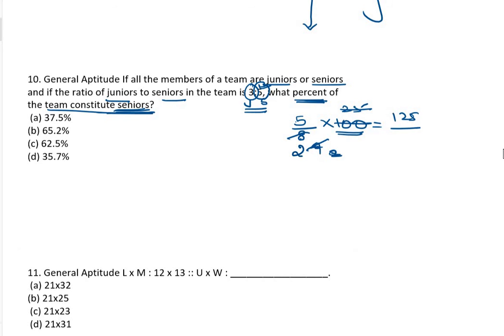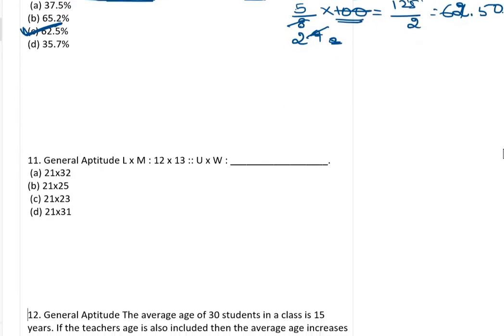It will be 2. 6 2s are 12, remainder 1. 7 2s are 14. 6 2s are 12, 2 2s are 4, remainder 1, 50. So 62.50. Normal calculation. Percentage means out of 100. Come to the next question.